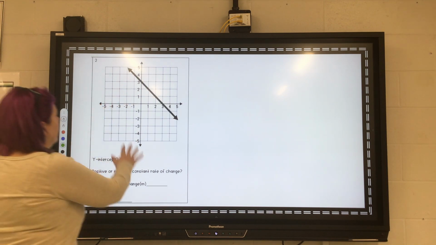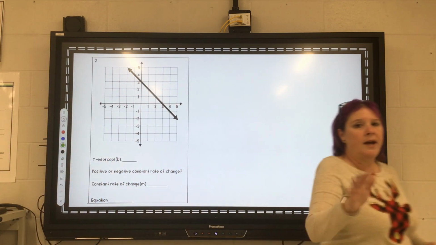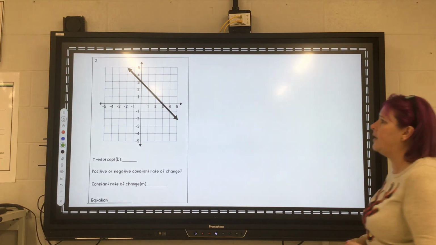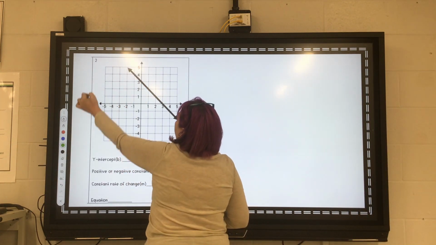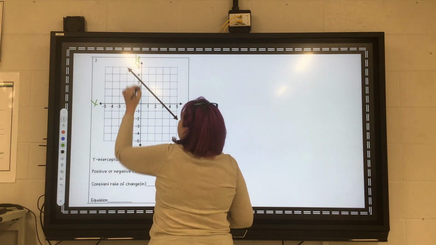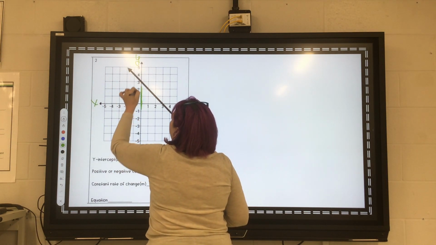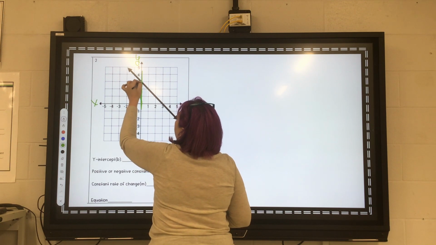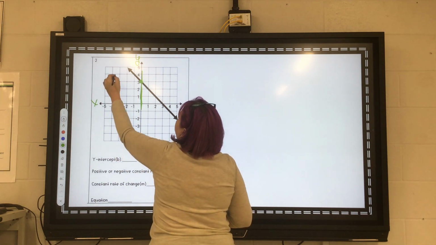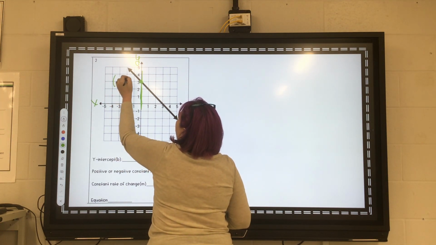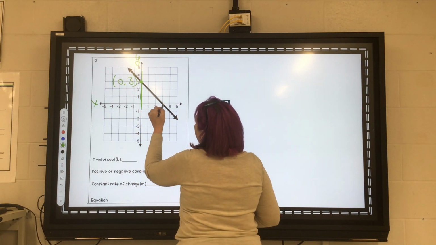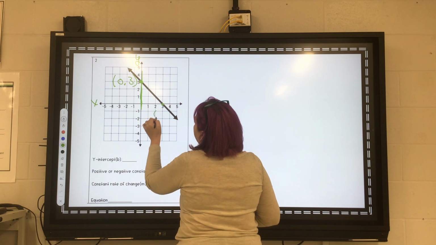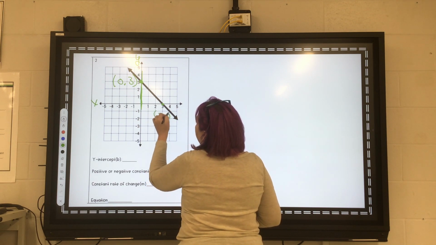Okay, so on the graph, now that we know what our y-intercept is, I can go and look. Here's my x-axis, my y-axis. This is where it's going to cross. I'm looking, it's crossing right there. So that point is my (0, 3). And if I look over here, here's another pretty point, and it is (3, 0).